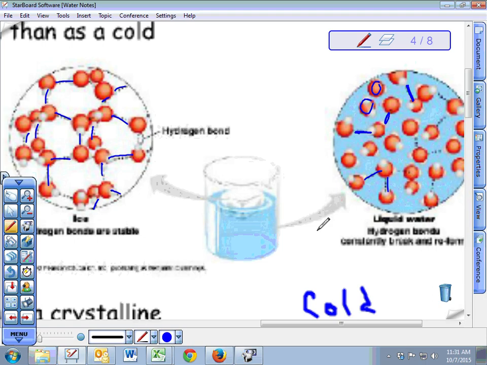hydrogen bonds at all. How fast does it actually move? Like the water? Literally, water molecules are moving at the speed that the water is.